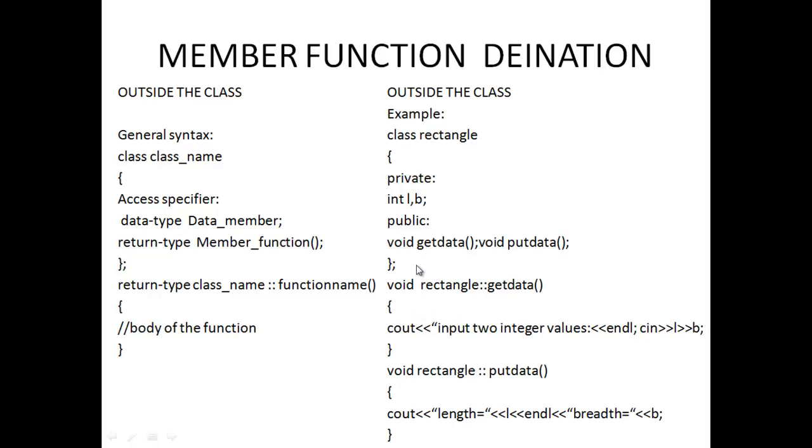The same code is written here, only the definition of the functions is outside the class. The first line of our definition first has the name of the class, then the scope resolution operator, then the name of the function. The same procedure happens for the output function also. This is the procedure by which we can define member functions.